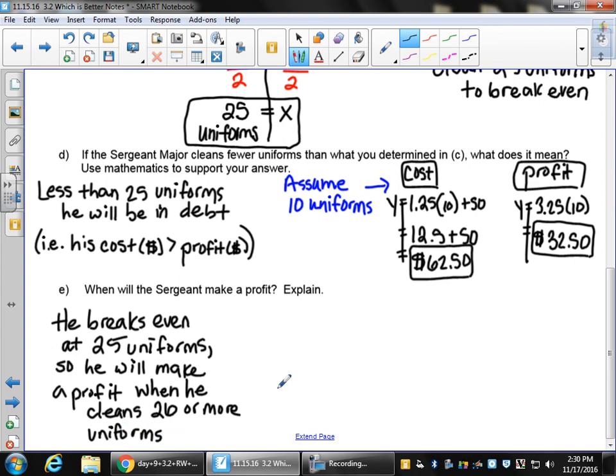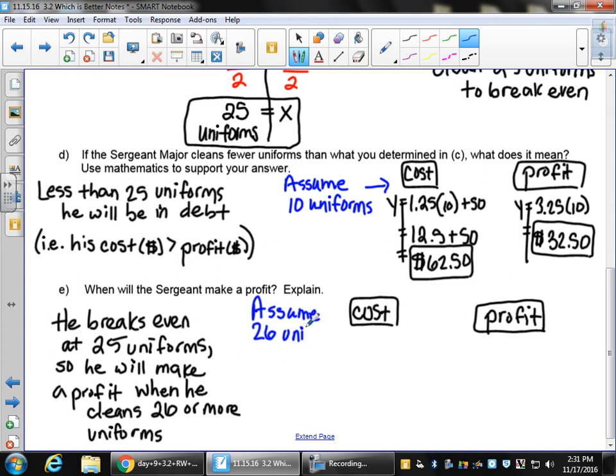And again, we can do the math to prove that. We're going to calculate cost and profit again, but this time, let's see what will happen when we assume 26 uniforms. So instead of plugging in 10, we'll plug in 26.